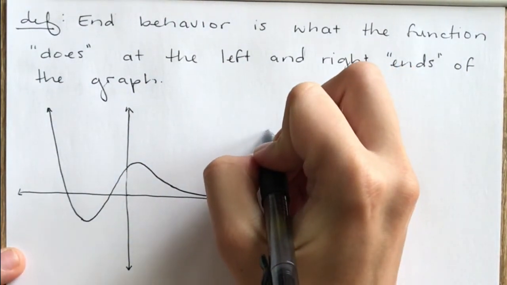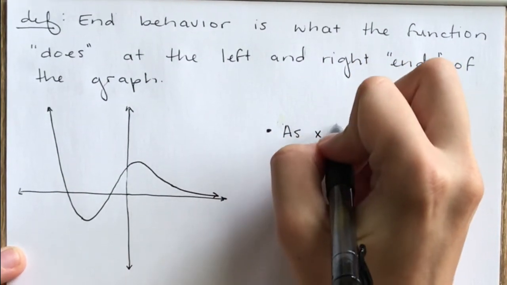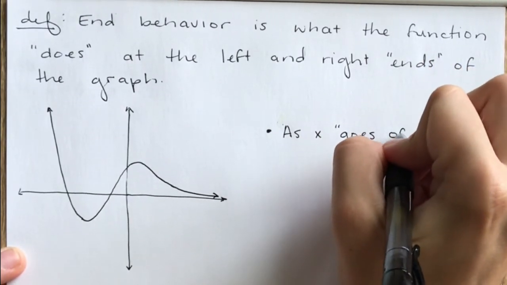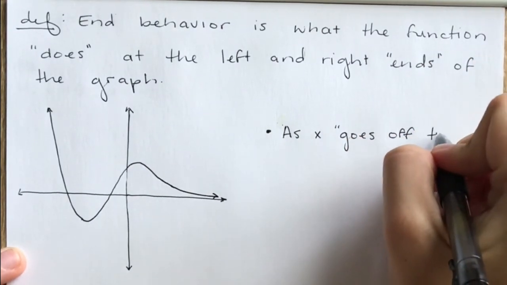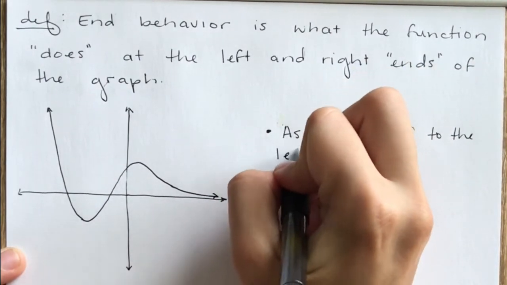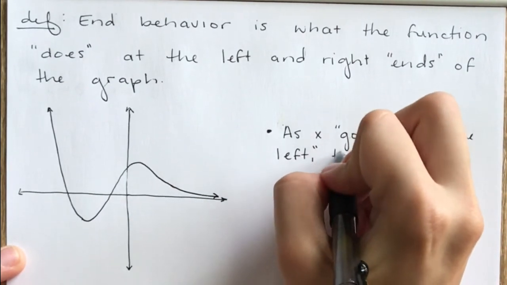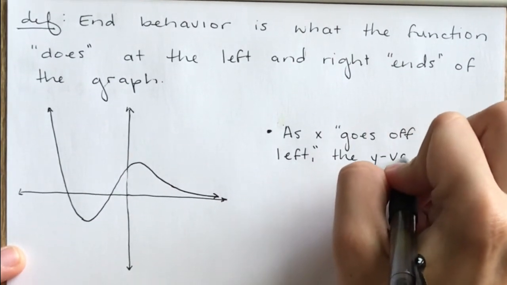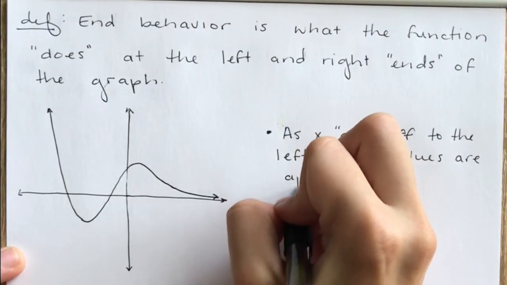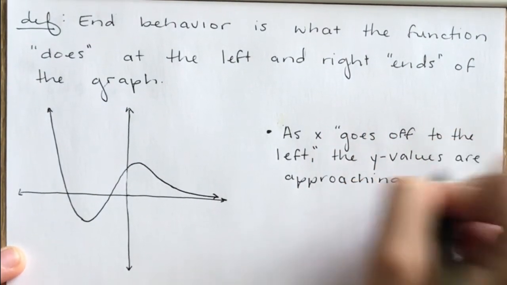So first of all, as x goes off the graph to the left, the y values are approaching what?